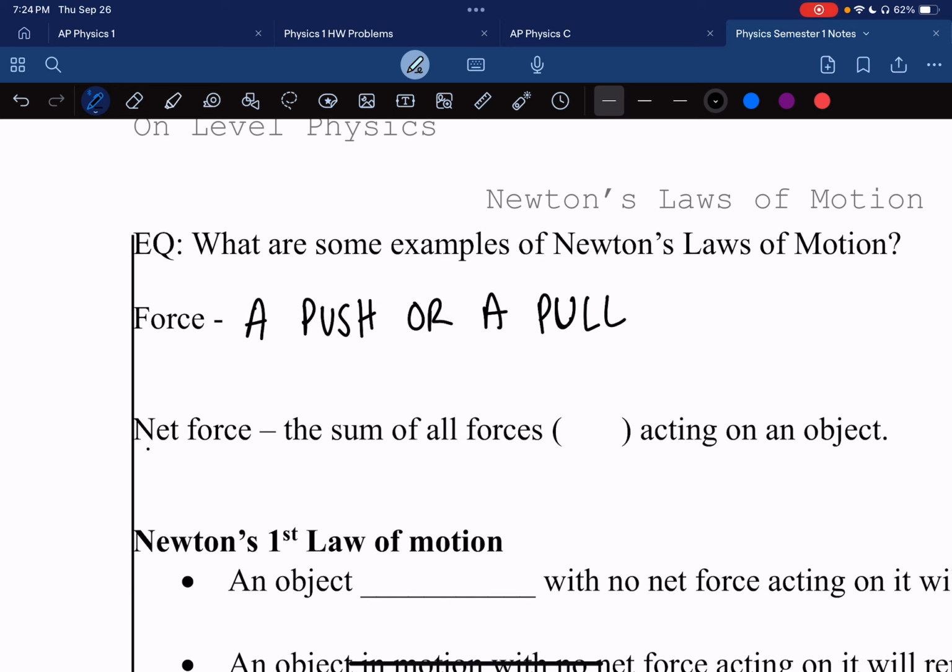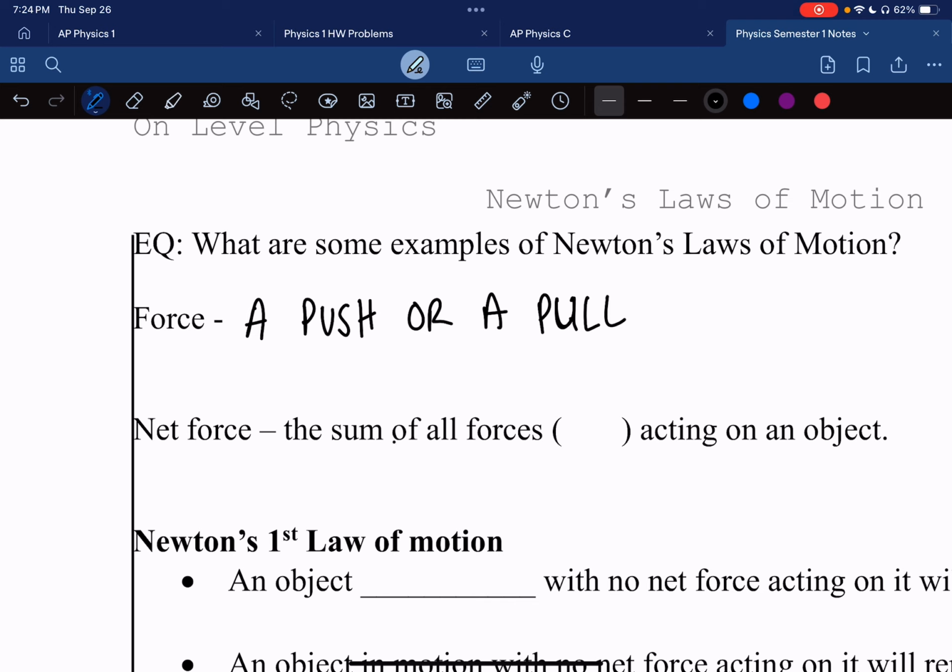We need to define this term net force. So think about that word net, what that means. Students today told me it's like an overall force, kind of works. It also kind of means like total force.